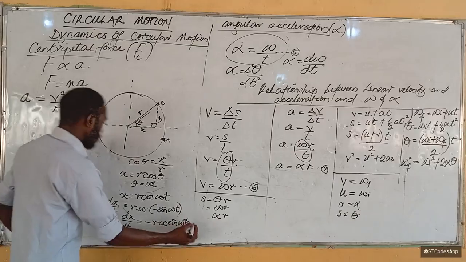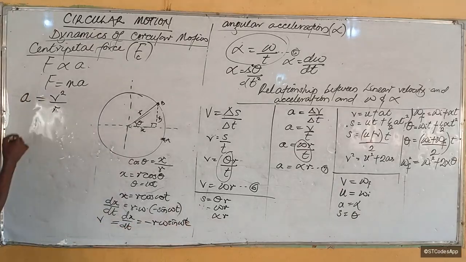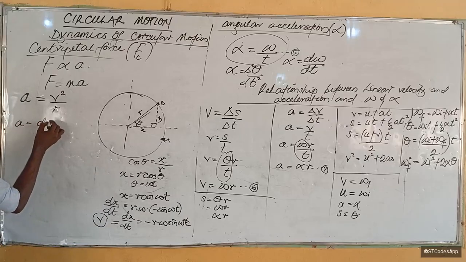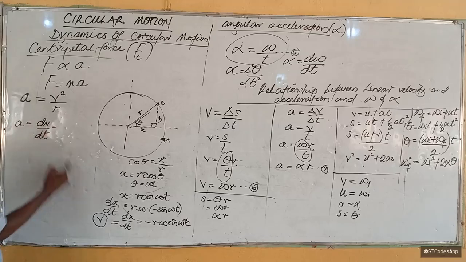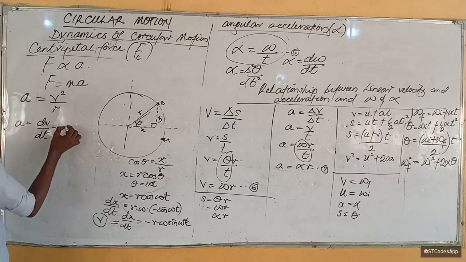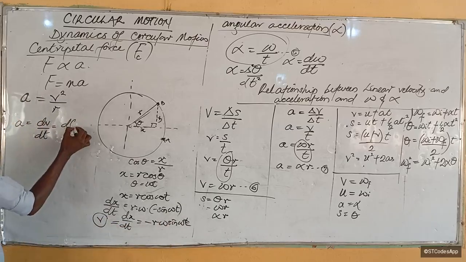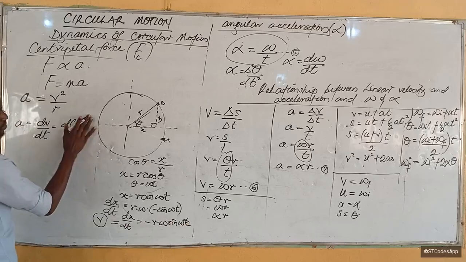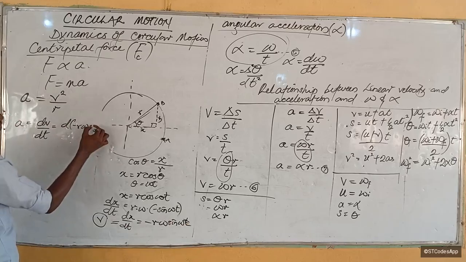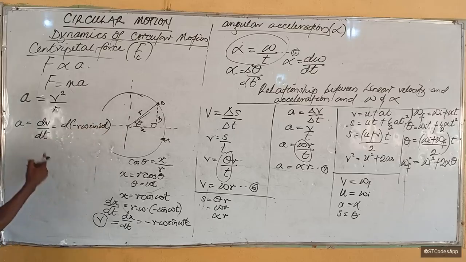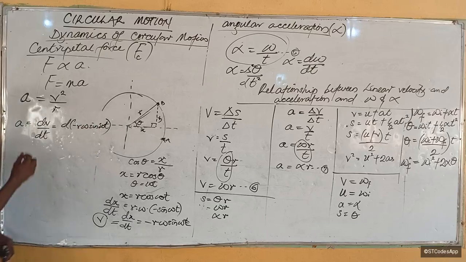Is this clear? So from here, to get acceleration now, I will differentiate my v, dv dt. And v is what? So it means I'll be differentiating this since this is v. That will be d of minus r omega sine omega t. Okay? Omega looks a lot like w, but don't confuse them, okay?